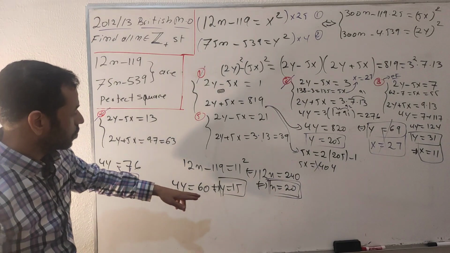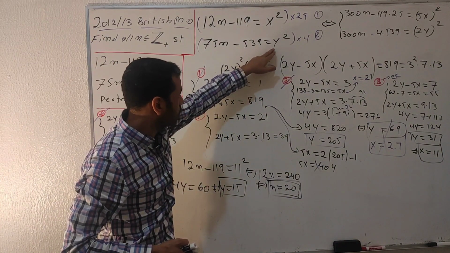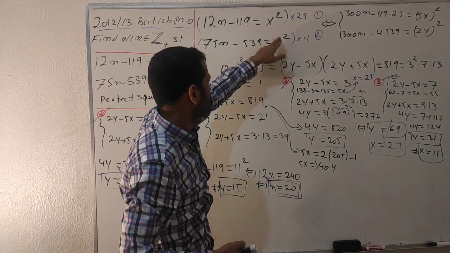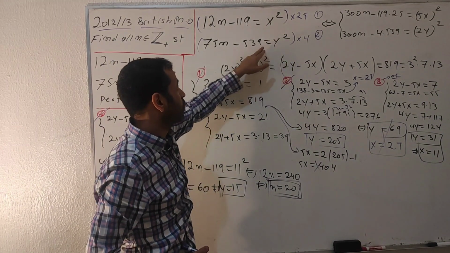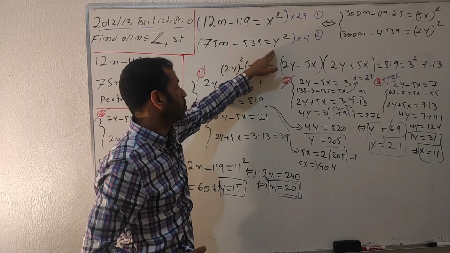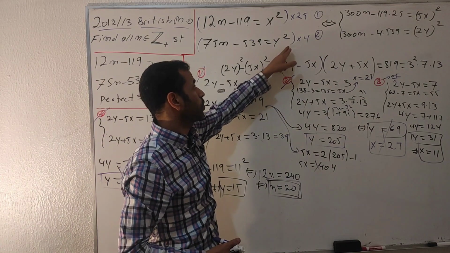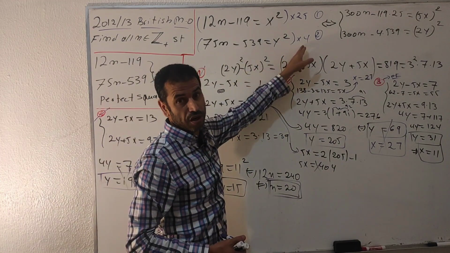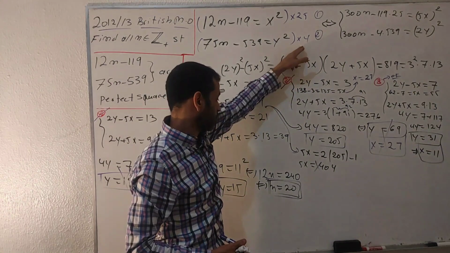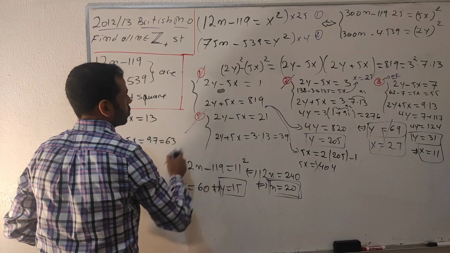Taking this value of y and inserting it into this equation, I get 15 squared here, which is 225. 225 plus 539 is giving us 764. So unfortunately, when you divide 764 over 75, it is not giving us an integer, which is impossible. Which means this equation is going to be ruled out of this possibility.